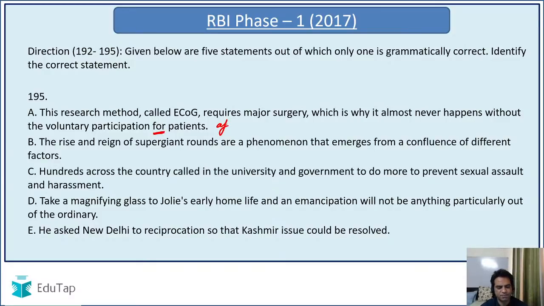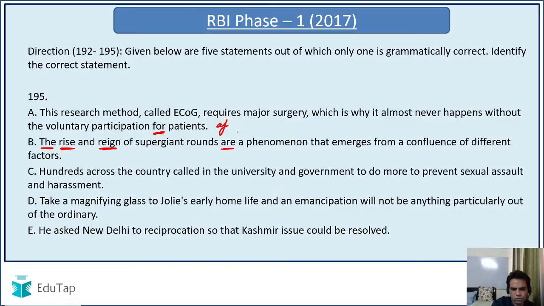Voluntary participation of patients. The rise and reign of supergiant rounds are a phenomena. Option number B is also incorrect, guys. The rise and reign of supergiant rounds. The subject here is rise. The rise and reign, right? Two nouns joined by and, the first noun is preceded by an article and the second is not. This means they're talking about the same thing.